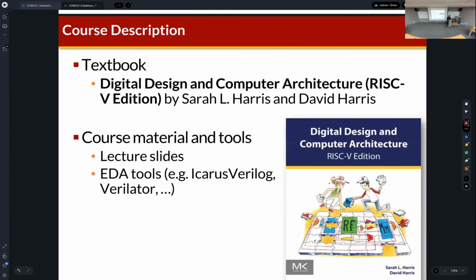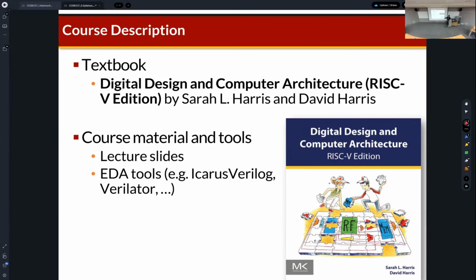Okay, this is the textbook of this course. The textbook is Digital Design and Computer Architecture, RISC-V Edition. I think this is the most recent edition of this book. In abbreviated form, this textbook is called DDCA.